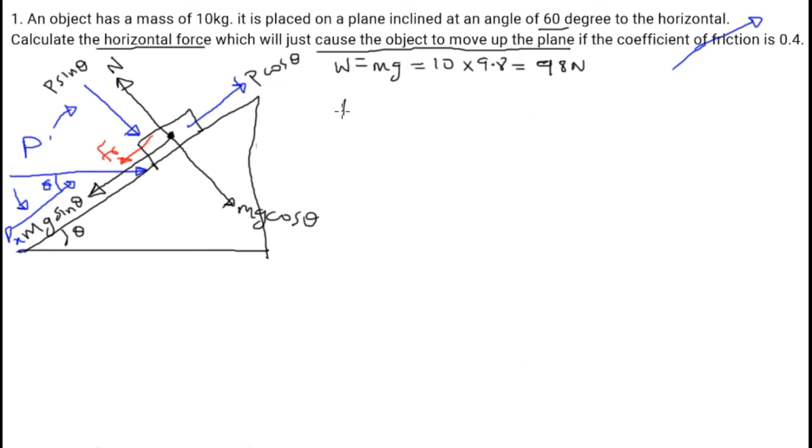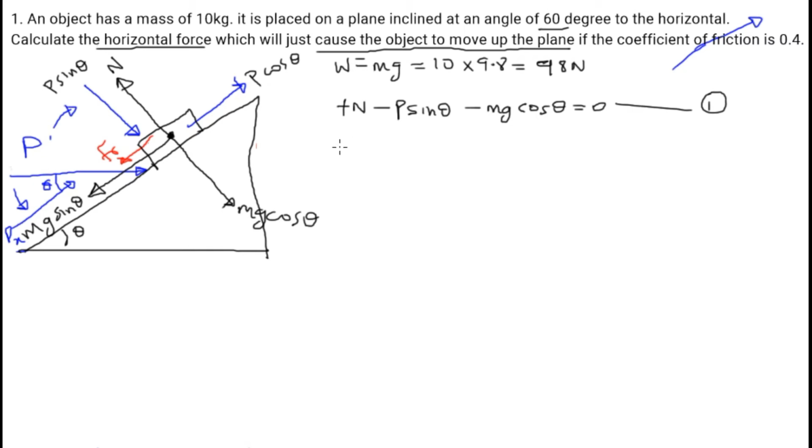Equation 1 is given as plus N, then minus P sin theta because of its direction, then minus mg cos theta, which is equal to 0, because the body is not accelerating along the vertical axis. So this is equation 1.